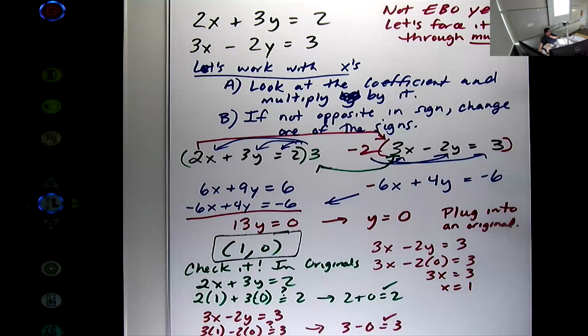We have parabola and cubic, parabola and a line, parabola and absolute value. As long as one of them is not a line, it's called a nonlinear system. And that's how a lot of stuff in reality tends to go. We're going to do some word problems with this a little bit.